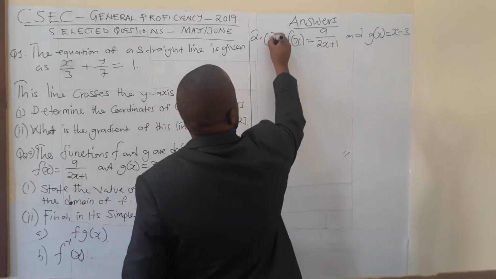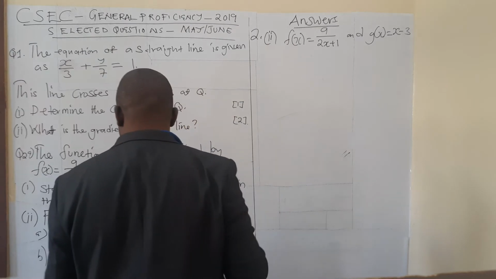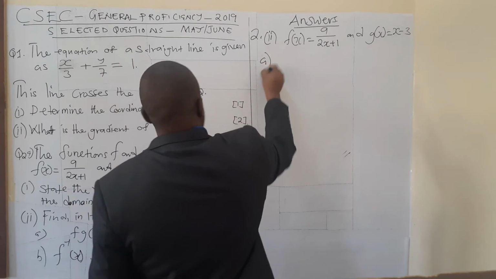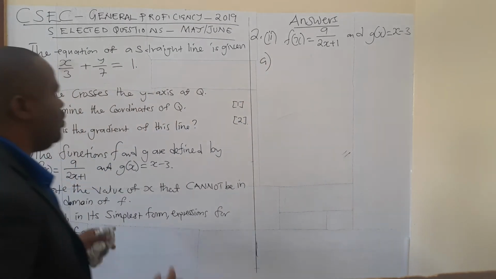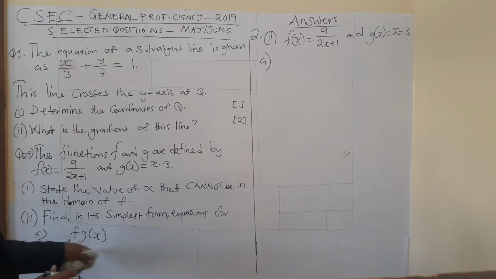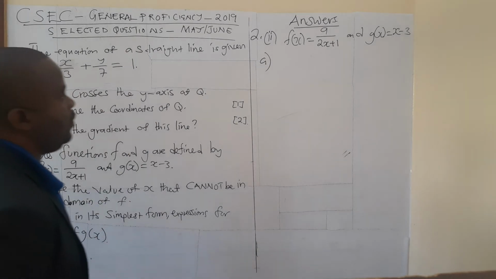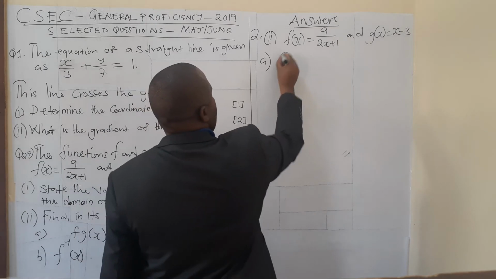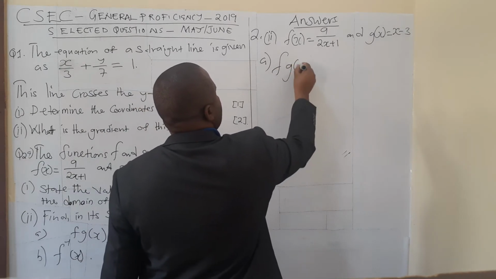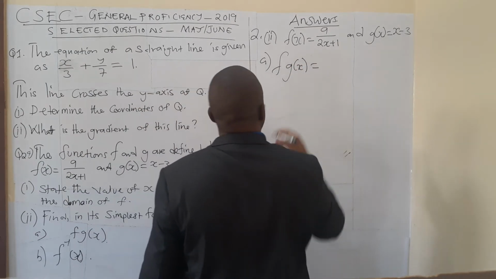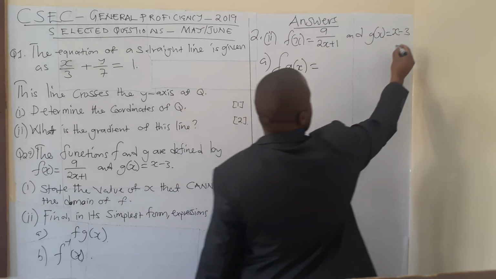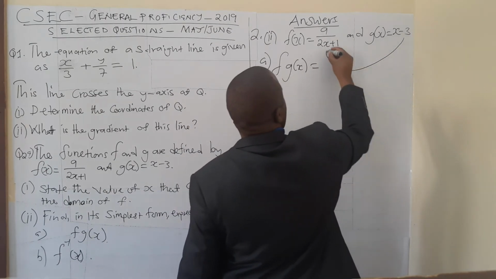Roman numeral 2 now. The first one is we get the composite function of f and g. We fuse these two. So we are fusing f onto g, g onto f. So we are going to say f g of x is equal to, so we are fusing this here.